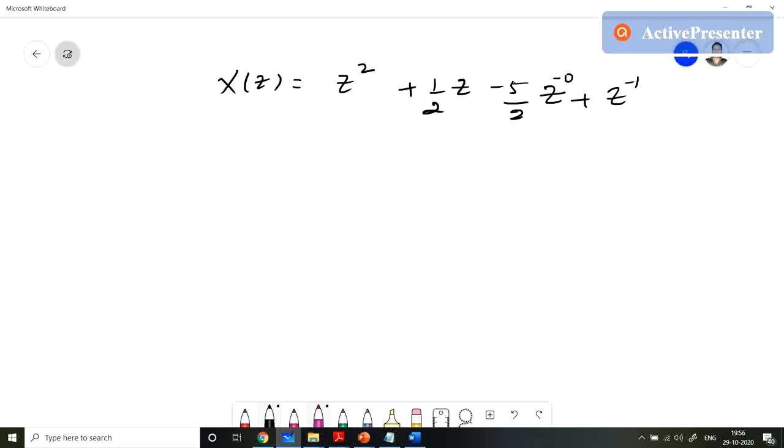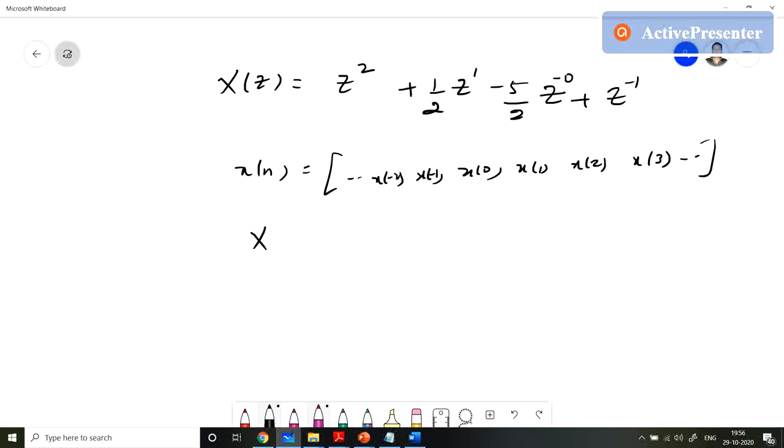So there is no harm in writing in this way. Now we can check what the various coefficients are. So let x[n] be x[0], then x[minus 1], x[minus 2] up to this, and then x[1], x[2], x[3], and up to this.